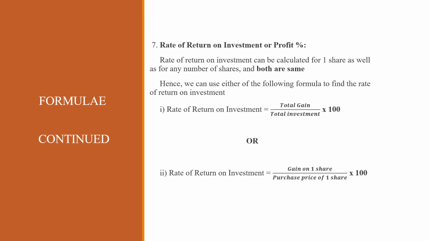Hence, we can use either of the formulas to calculate profit percentage. This is given by total gain upon total investment multiplied by 100, or just as I said, it can be calculated only on one share. In this case, the profit percentage will be given by gain on one share divided by purchase price of one share multiplied by 100. Both these formulas will give exactly the same answer.